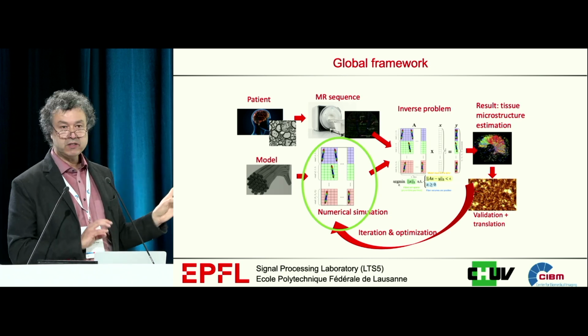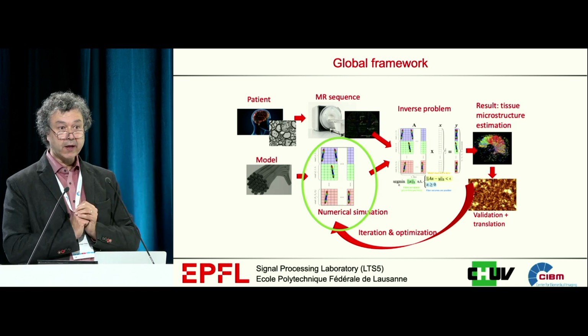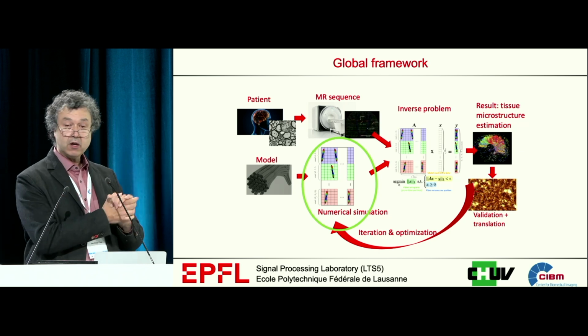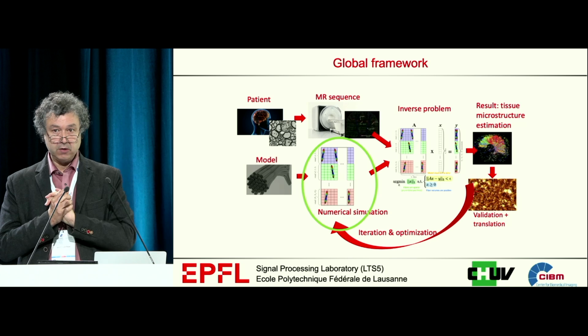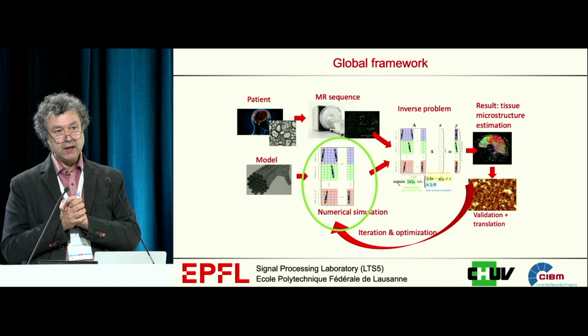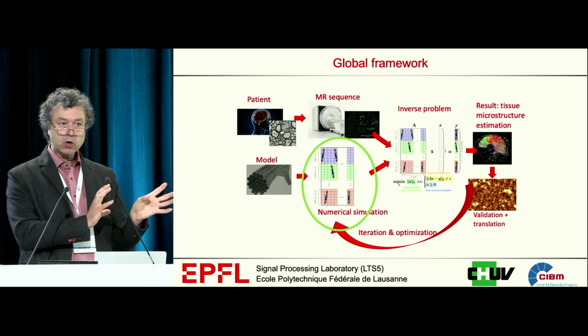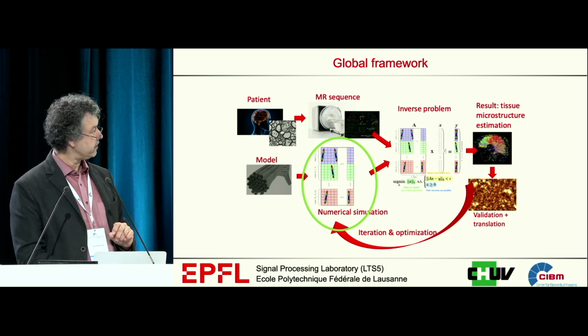If the model of my tissue is very simple, I can solve that analytically by solving the Bloch equations and showing that for a tissue made of simple tubes, I can generate the exact formula, the closed-form expression of the signal I would get.